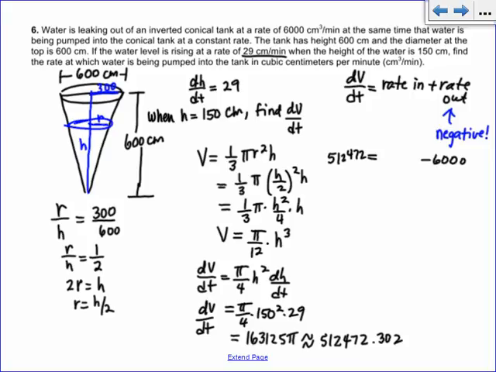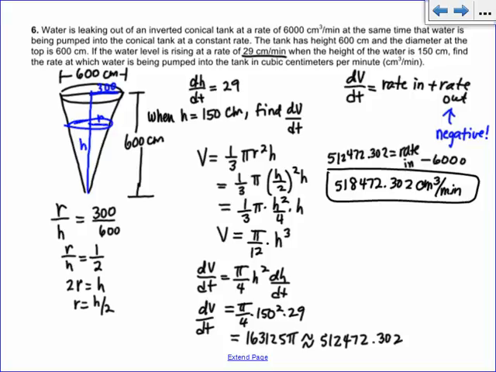Do you guys understand what I'm saying? To kind of offset that rate out. So the rate in minus 6,000 has to equal that total change in volume. So you just add 6,000 over. So it should be 518,472.302 centimeters cubed per minute. So treat it as a total rate of change of the volume, and then at the end adjust. Okay, does that make sense?